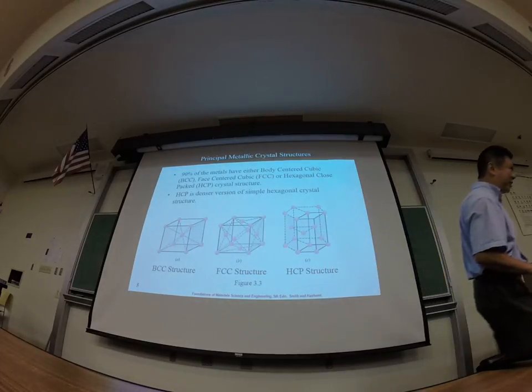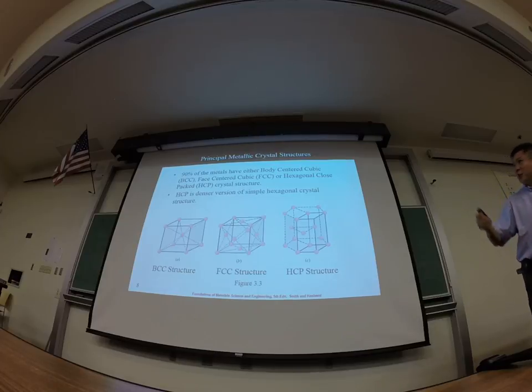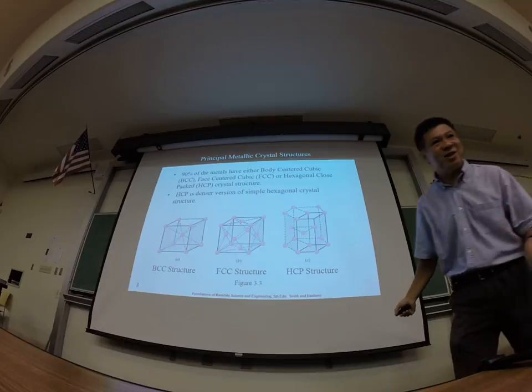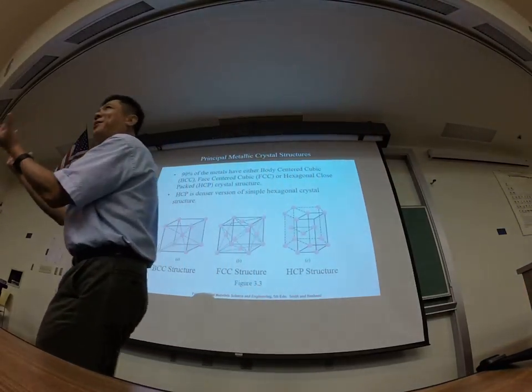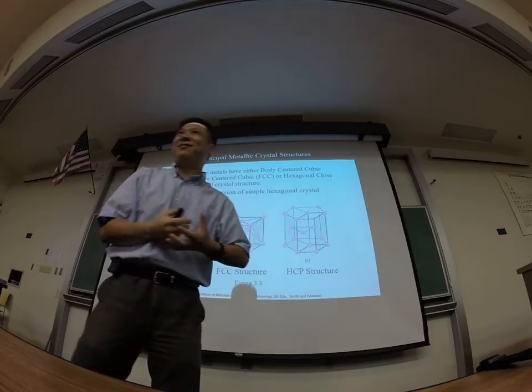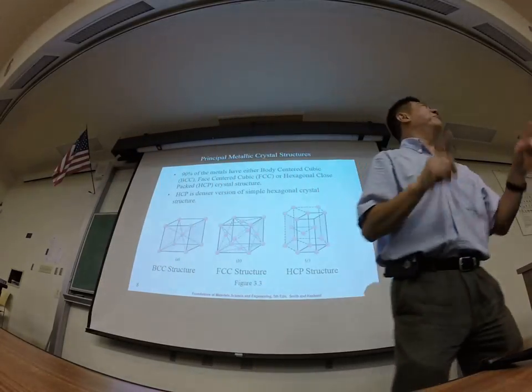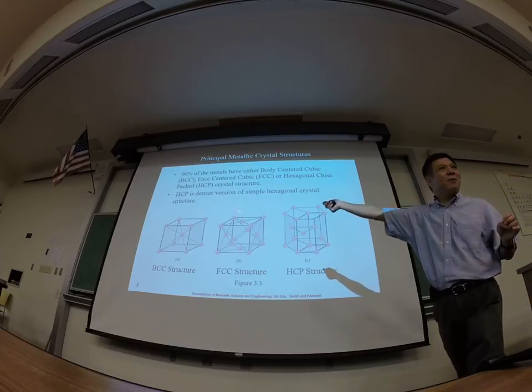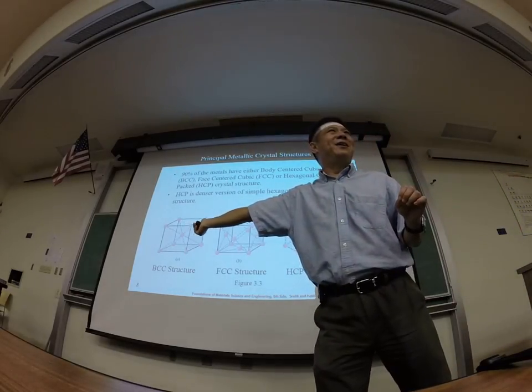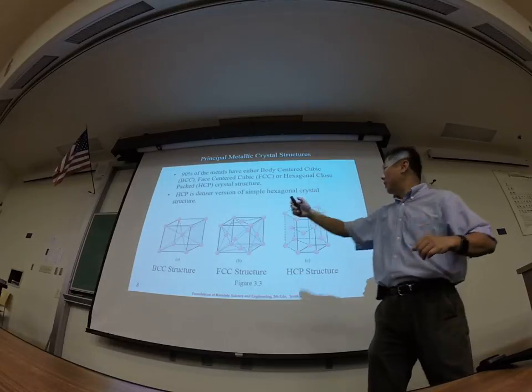That's a good question. Today you will learn about the BCC structure, the packing density I told you already: how much space is occupied by the atoms? 68%, right? We will demonstrate that one today by calculation. FCC, remember the number I told you? 74%. That's the highest we can get.